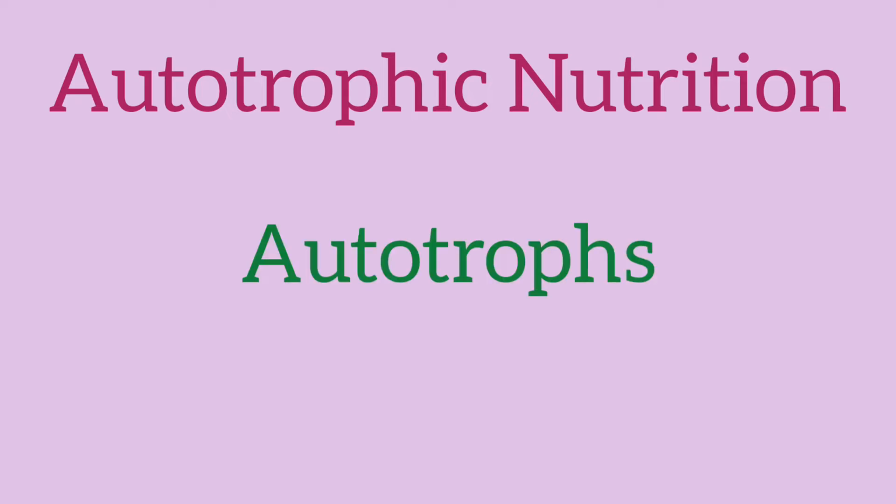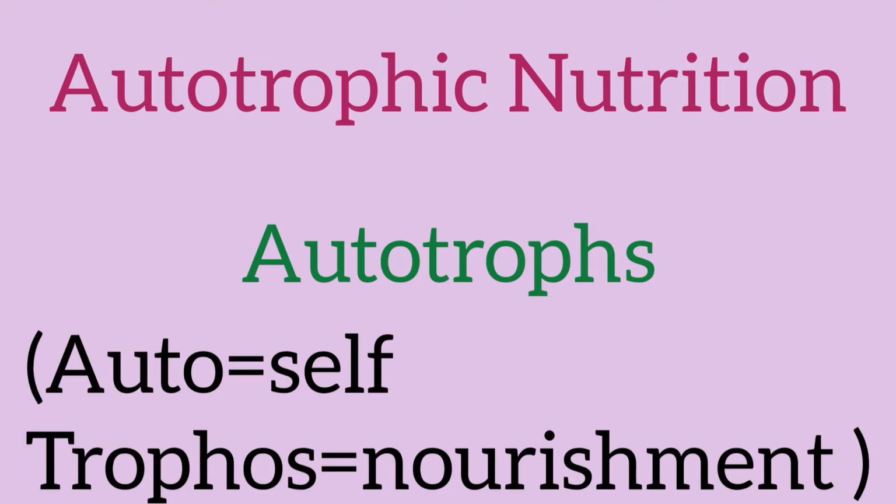Let us discuss autotrophic nutrition first. What is autotrophic nutrition? The mode of nutrition followed by autotrophs. Who are autotrophs? The word auto means self and trophos means nourishment. So, the group of organisms who make food themselves, that is, through photosynthesis, are called autotrophs.